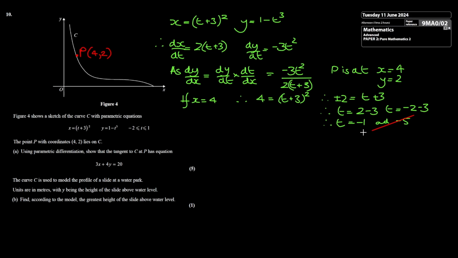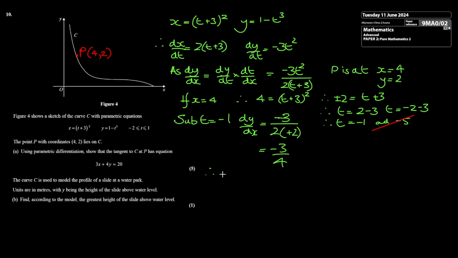So if I substitute negative 1 now back into dy/dx, negative 1 times negative 1 is 1, so this is negative 3 over 2 multiplied by positive 2. So this is equal to negative 3 over 4. And as we know a point, we can apply the gradient formula.